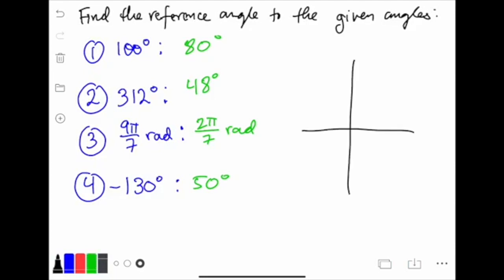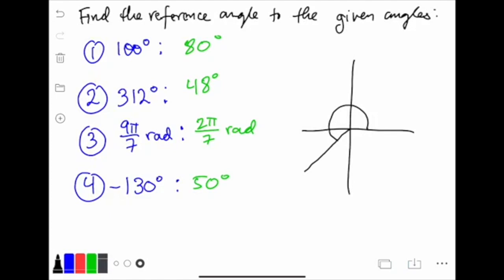So when we're given 9 pi over 7 radians, that means we've moved pi over 7 9 times. So 7 pi over 7s would be half a revolution, right? This angle here is 7 pi over 7s. So 9 pi over 7 means we moved 2 additional pi over 7s past half a revolution.